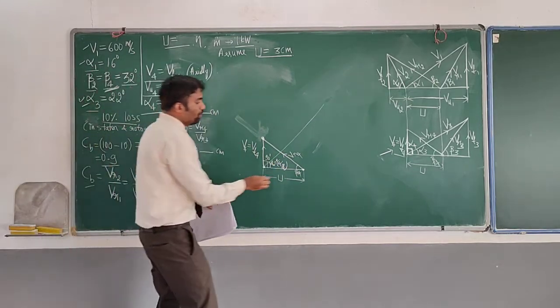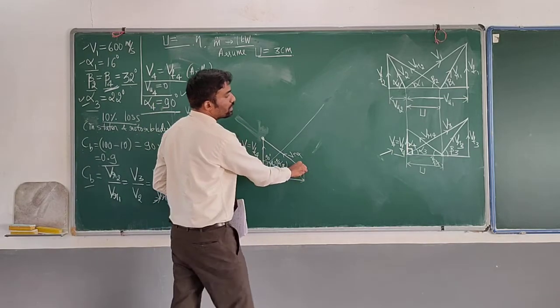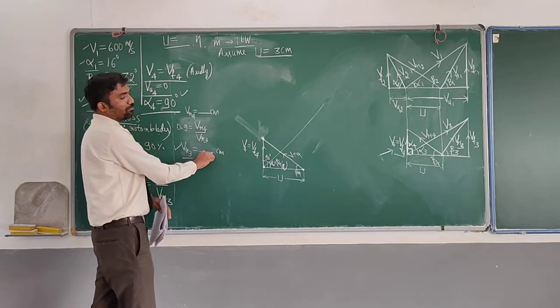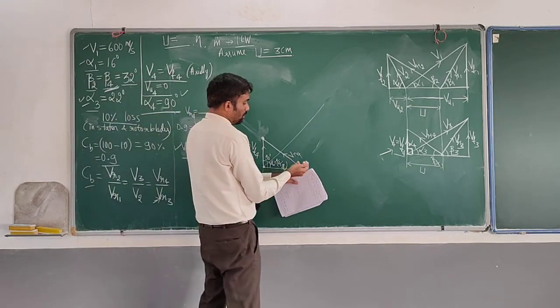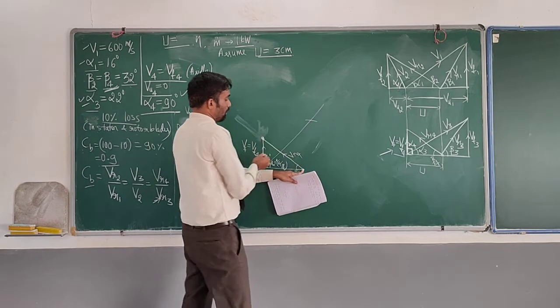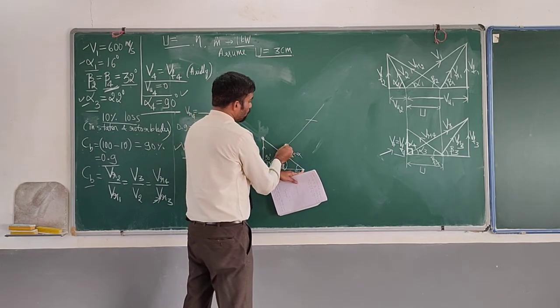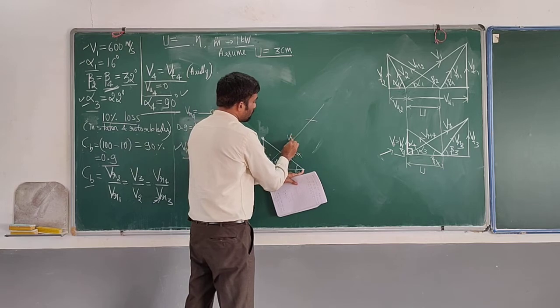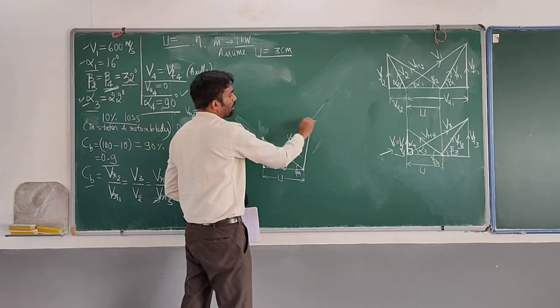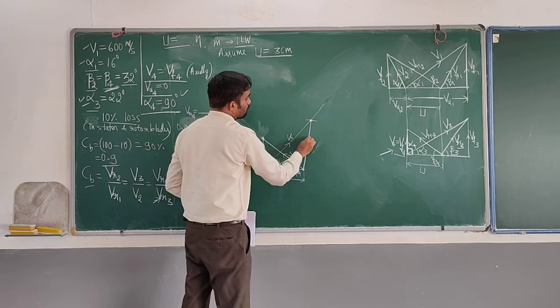Next, we know the length VR3. Set this length in the compass and cut the length with respect to this line. We know that this is V3 and this is VR3, and when I cut it, we get an intersection point.